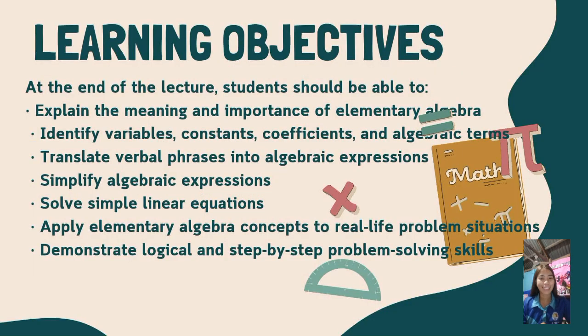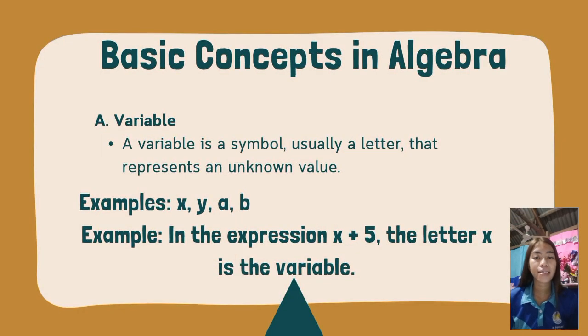So these are the objectives that we can get at the end of our discussions. First, let us talk about the basic concepts in algebra. First, we have the variable. As I said earlier, letters are called variables.